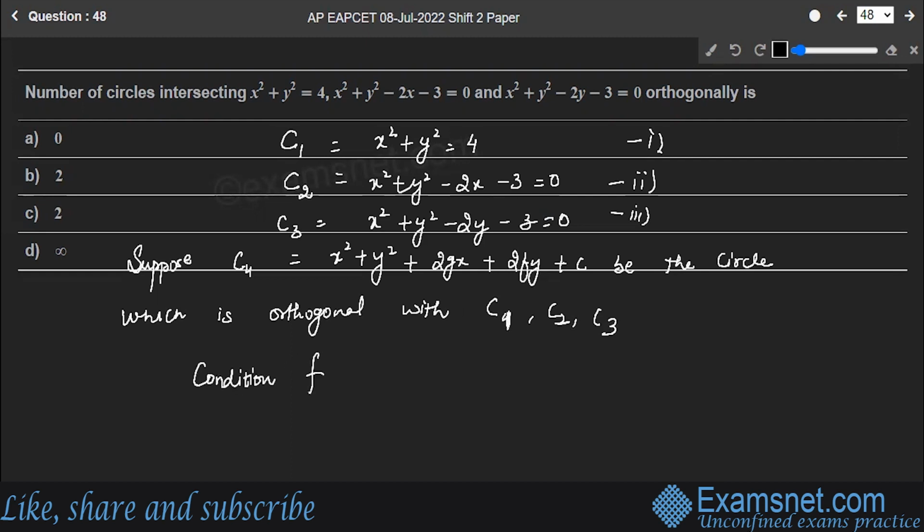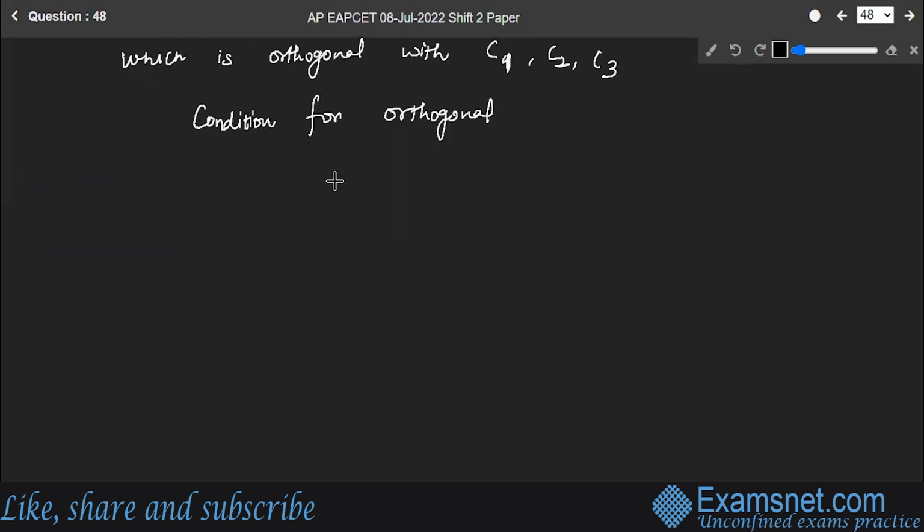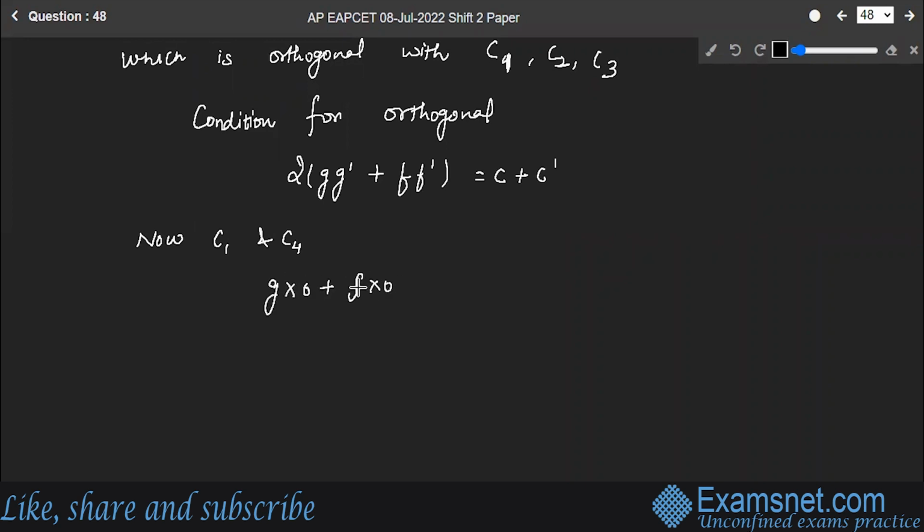Now, what is the condition for orthogonal? It is actually 2gg dash plus 2ff dash is equal to c plus c dash. Now, for C1 and C4 circles, g into 0 plus f into 0 is equal to c minus 4. Right?